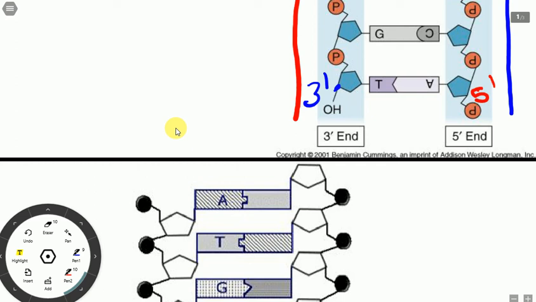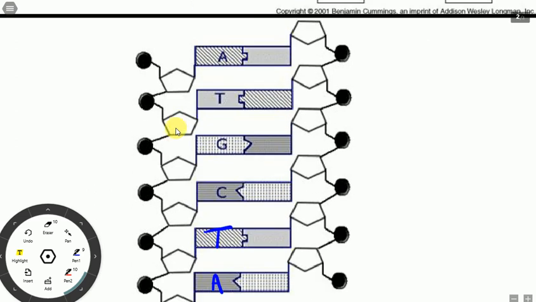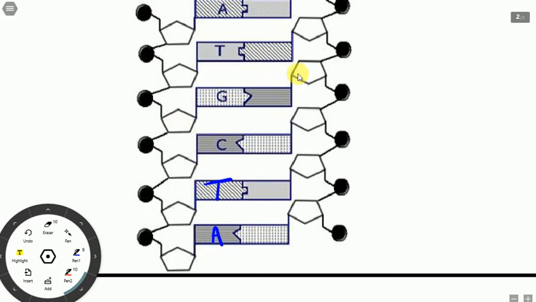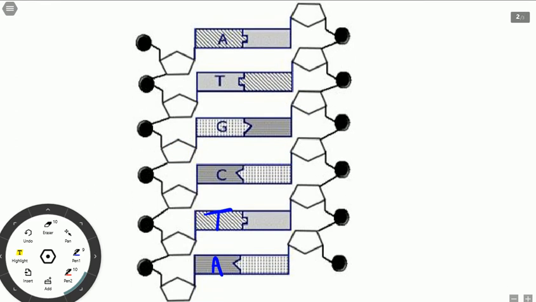Okay, if we take a look at this one here, let's look at this strand right here on this side. How would you know which end is the 5' end? Well, you have to look at the pentagon, and here is the deoxyribose, and you can see this 5th carbon is right here and it's pointing up.